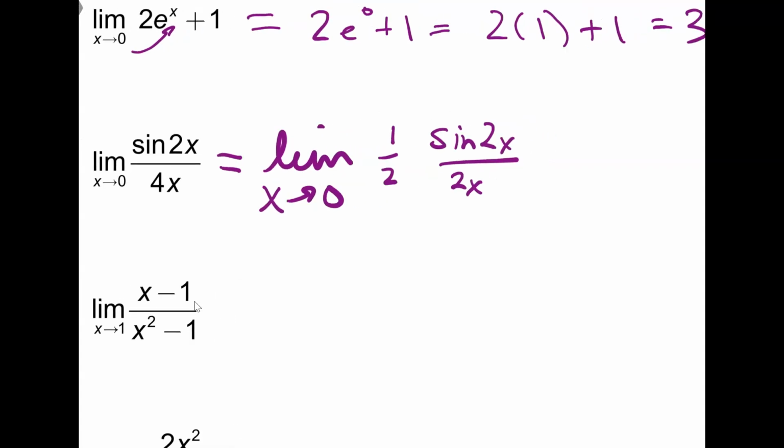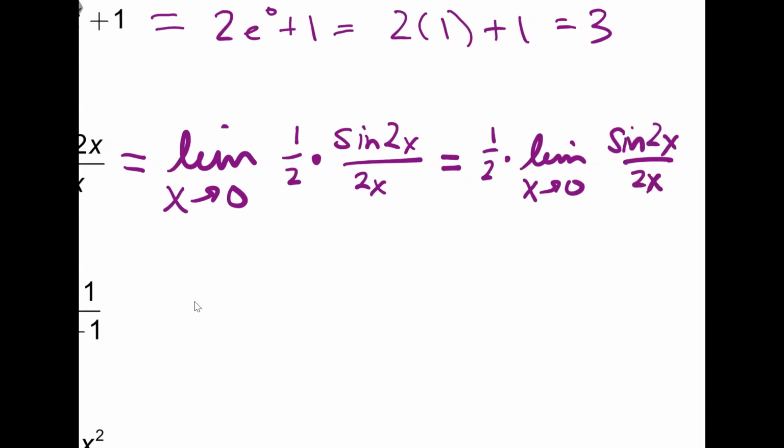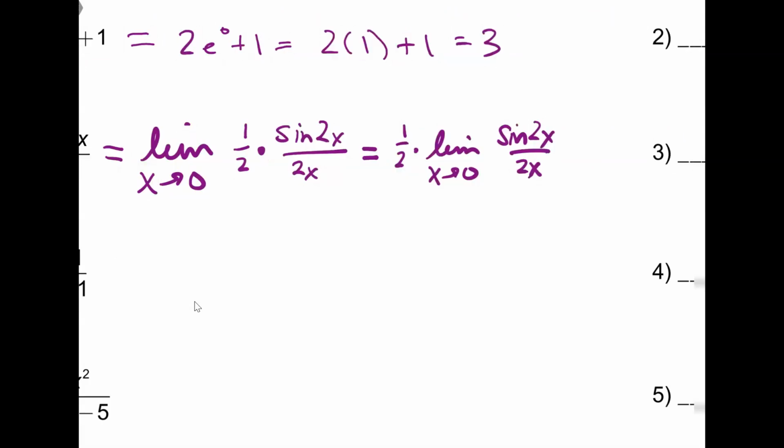Cool. Okay, so if those are being multiplied, this is the property of the limit of a function times a constant. So this is literally 1/2 times the limit as x approaches 0 of sine 2x over 2x. So it's just 1/2 times 1. So 1/2.